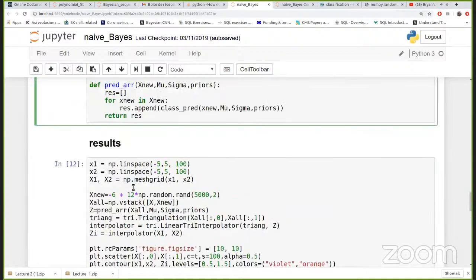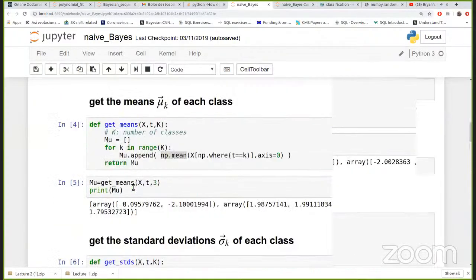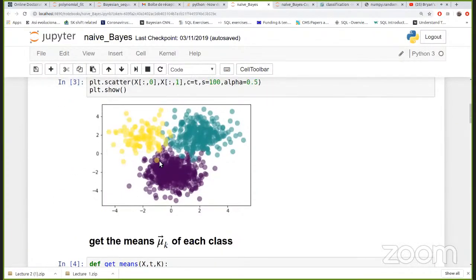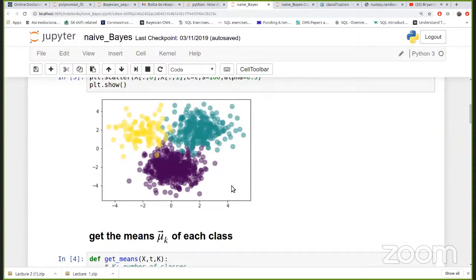I have just characterized, if you want, these 3 populations, and then for a new point, let's say a point lying down here, I am computing the posterior corresponding to each of the classes after my characterization, right? And then I just decide what is the largest posterior.